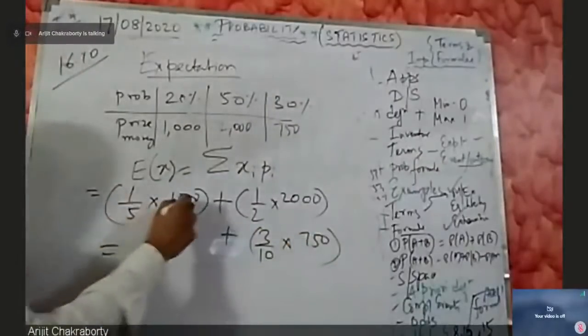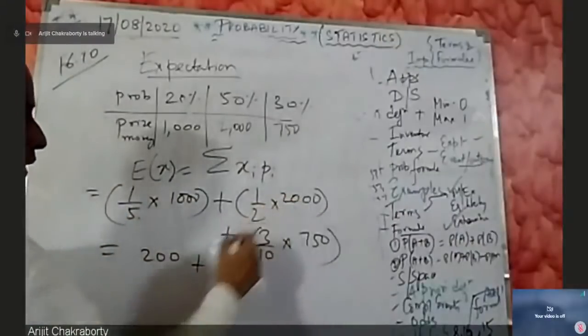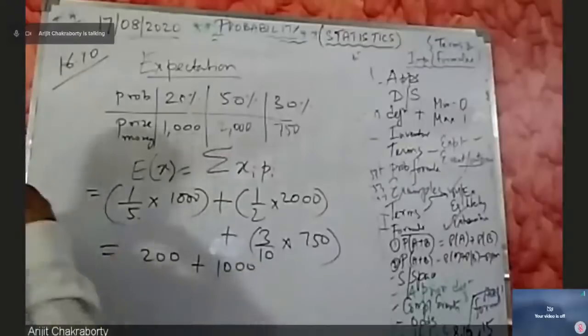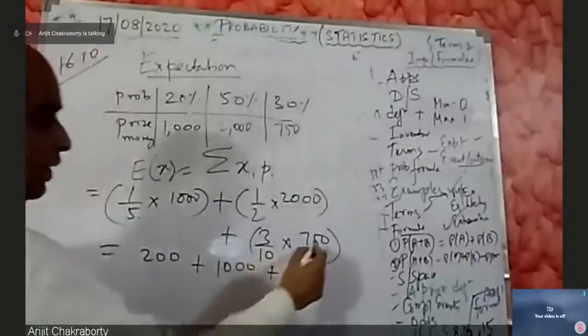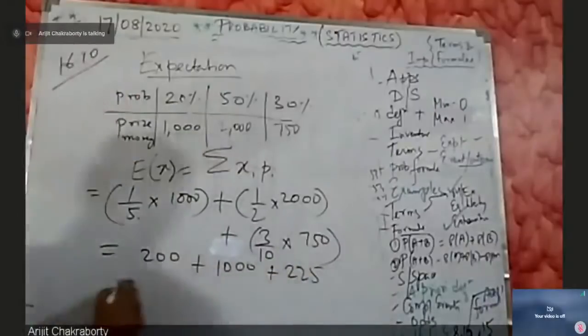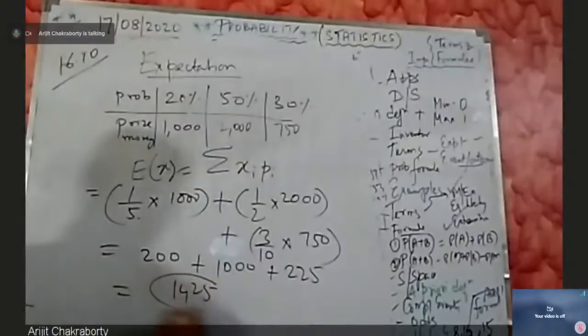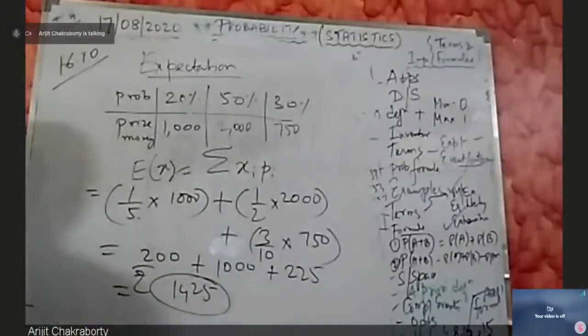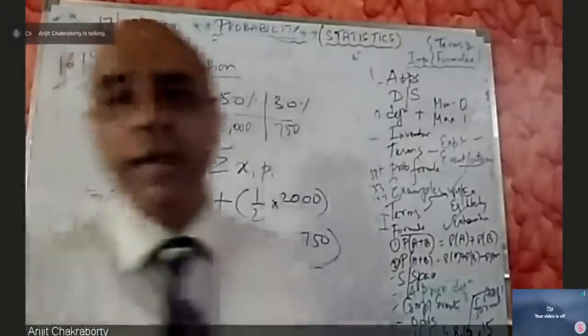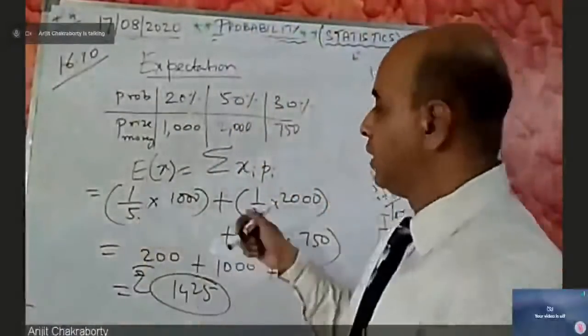So this gives me 1,000 into 1 by 5, that is 200, plus 2,000 by 2, that is 1,000, plus 3 by 10 into 750, that is 225. So it gives me 1425 rupees.